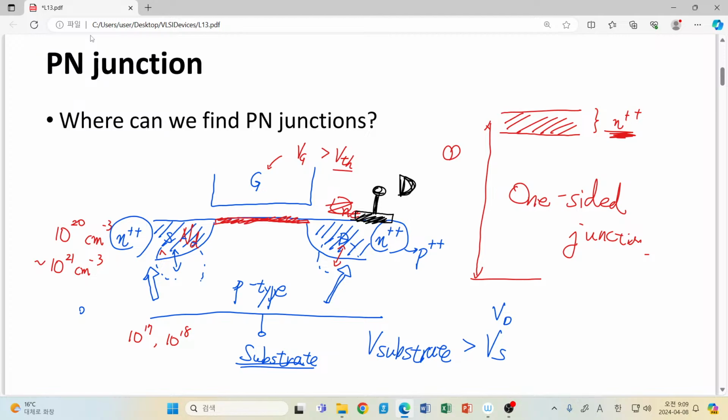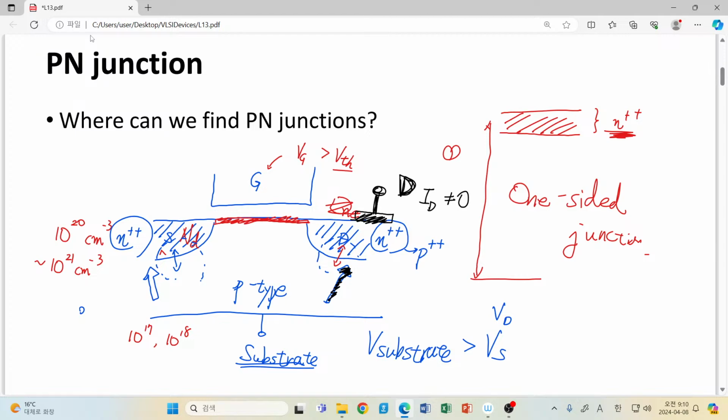However, if we have this kind of current component originating from the current between the substrate and drain, then what happens? In this case, the drain current ID is no longer equal to 0. That means we can have a certain current component between this substrate and the source region or drain region.